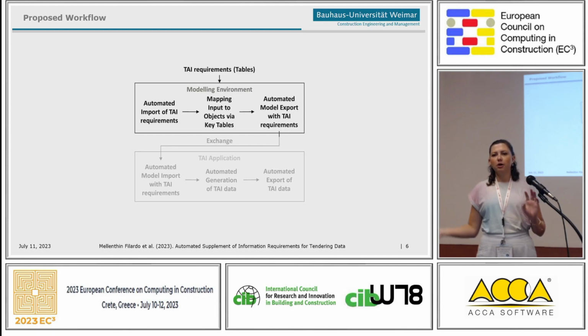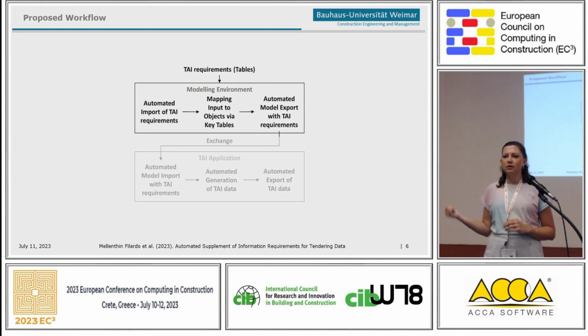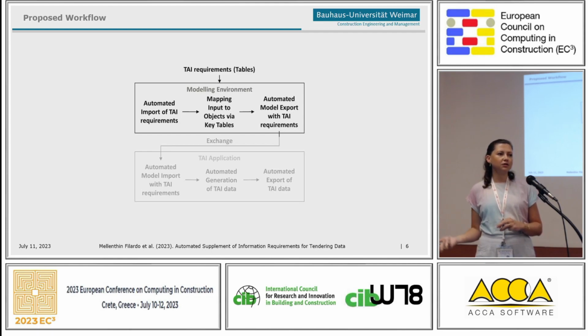We would map them to the object within the modeling environment, and as they are placed, as they are modeled, it triggers the script that's running in the background, and the requirements that are connected to a specific service are then added to the object via key table. The people modeling, the architects or the engineers, don't need to do so much technical work. They can just select a key code, and then they have all the properties and the requirements already in place.